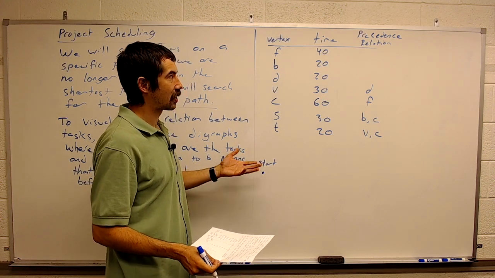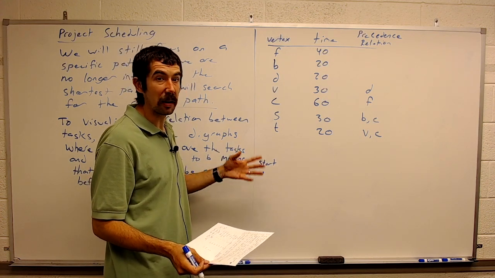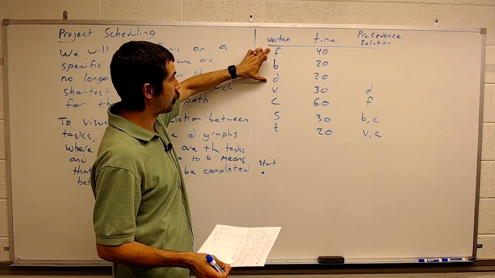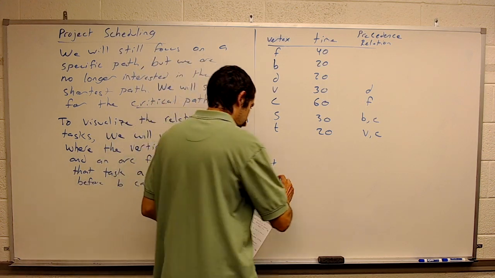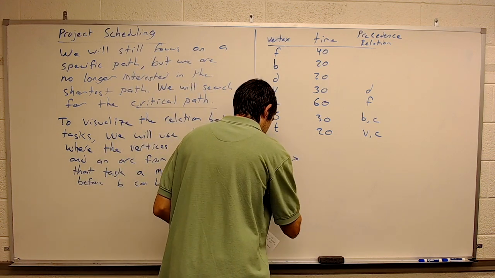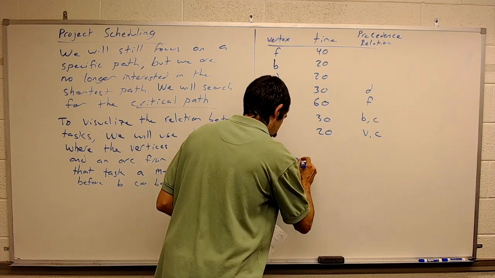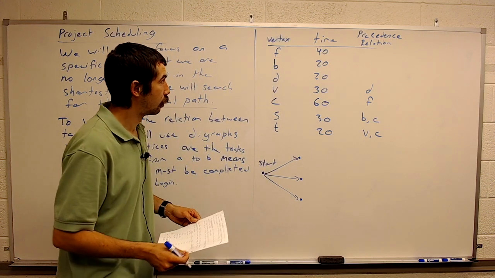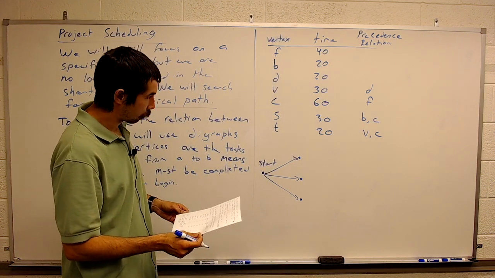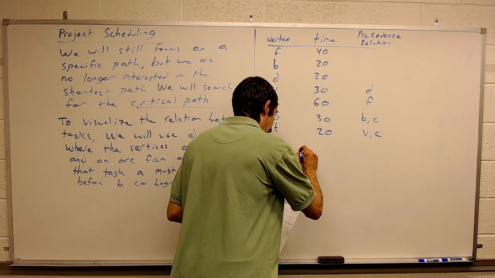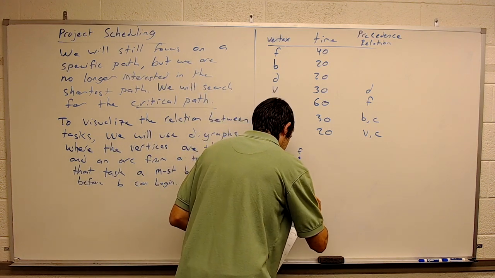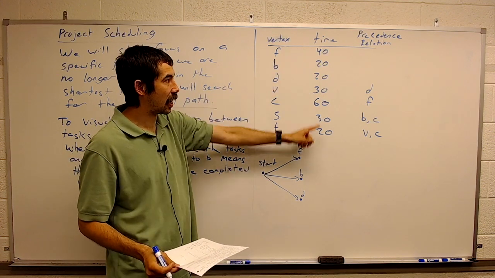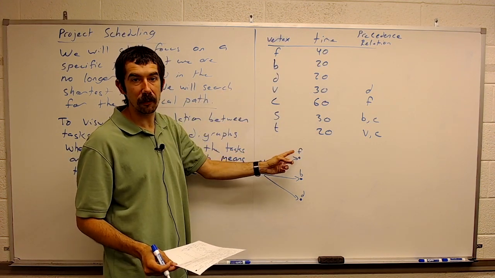All right, so what tasks can we complete initially? We don't have to wait for anything else to be done. That's F, B, and D. So this is F, B, and D. And what we're also going to do is write the processing time along with the vertex.